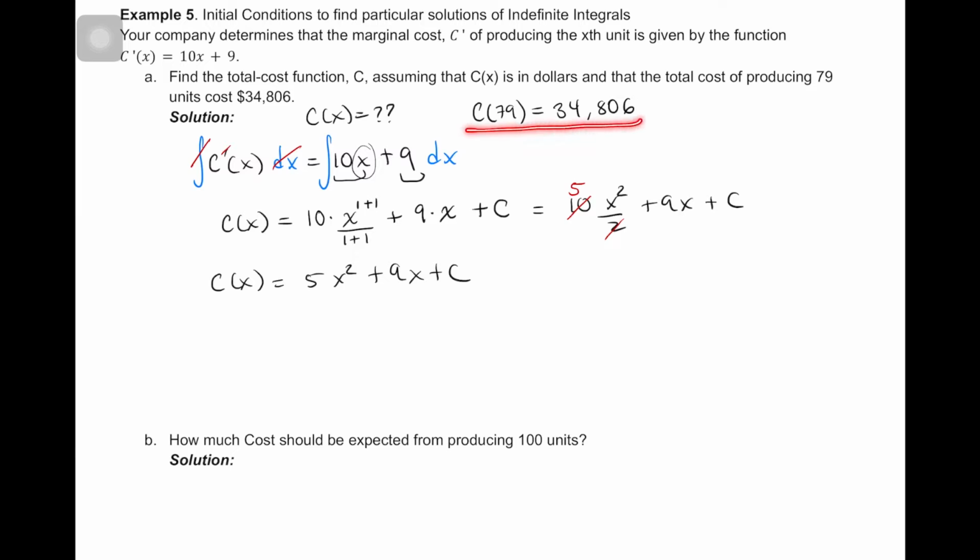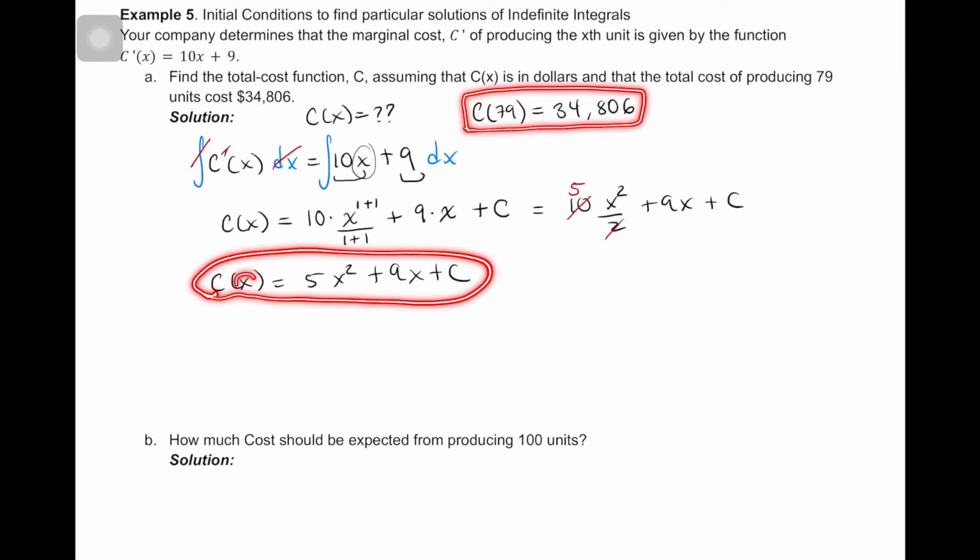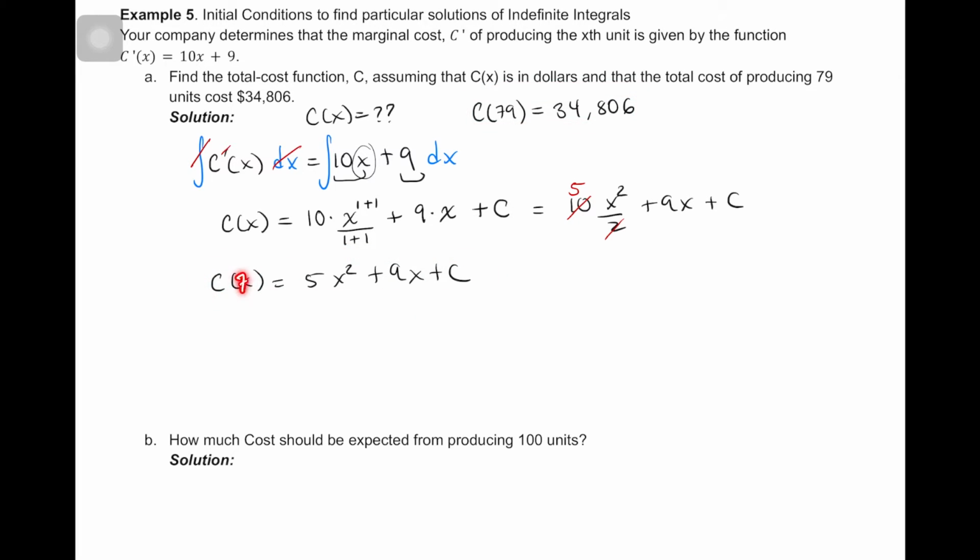We know something true about this function: whenever x is 79, the total is $34,806. So that's what we're going to do. We're going to plug in 79, and this should equal 34,806.